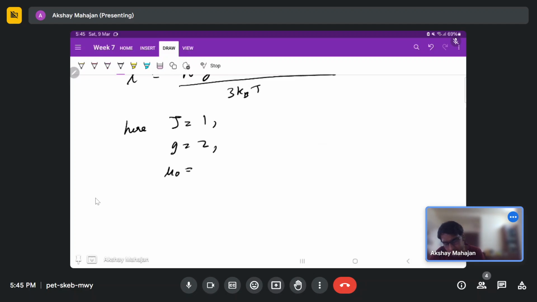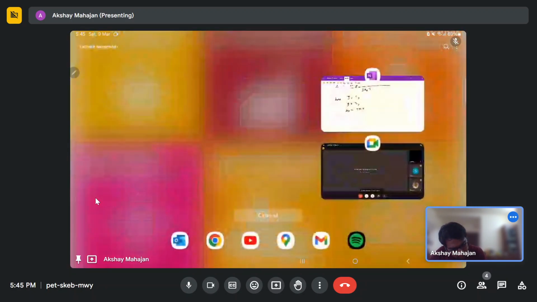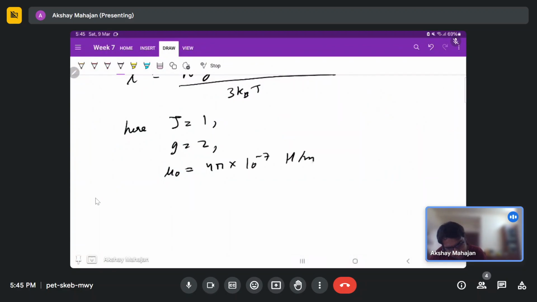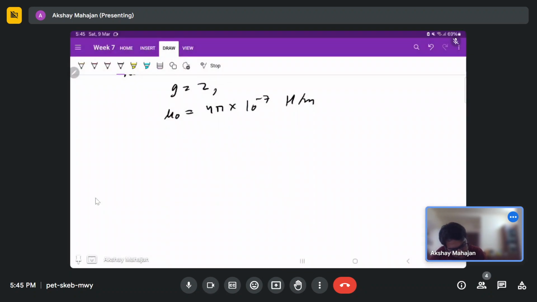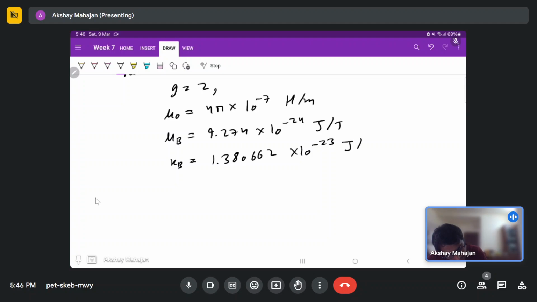Mu naught that you have to use is 4 pi into 10 to the power minus 7 henry per meter. mu B, the Bohr magneton, is 9.274 into 10 to the power minus 24 joule per Tesla. kB is 1.380662 into 10 to the power minus 23 joule per Kelvin.